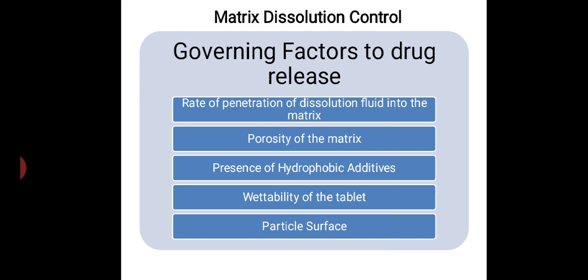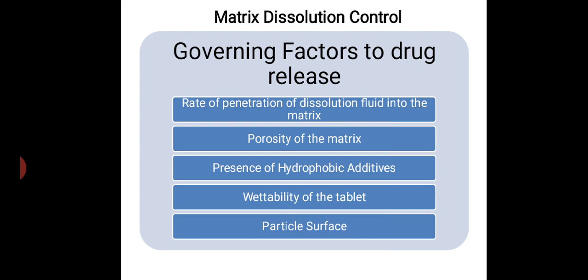We can use different polymeric materials that have less affinity or high affinity with water. If it has less affinity, it keeps the GI fluids away from the system without allowing them to penetrate across the membrane.